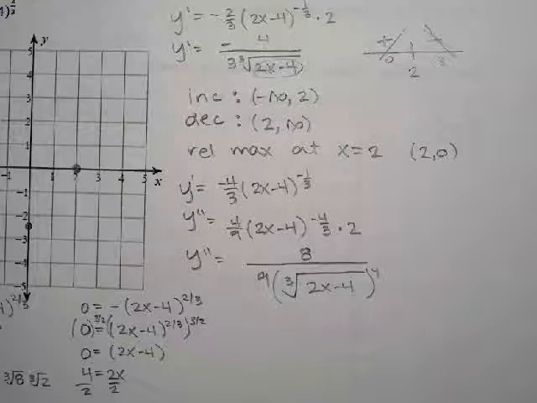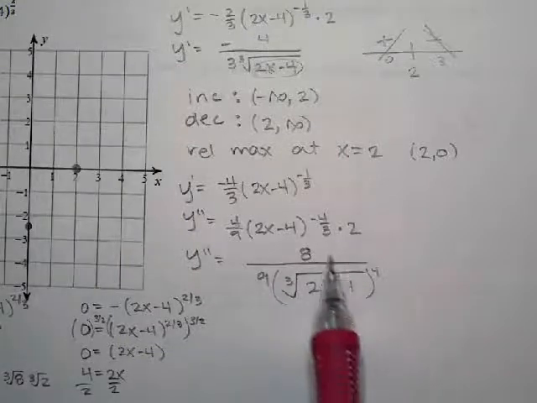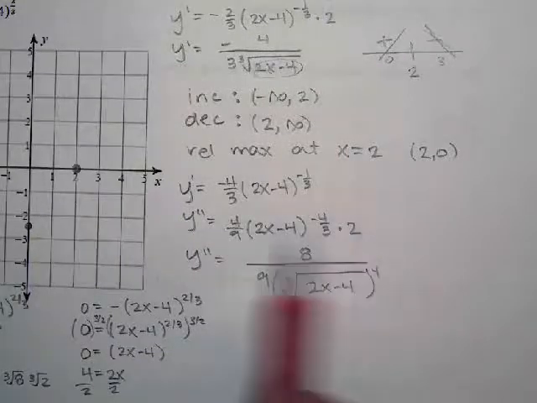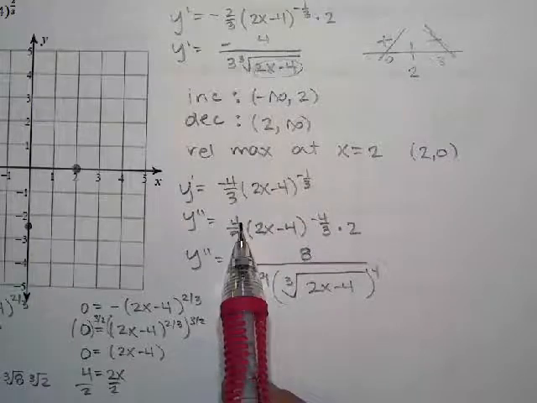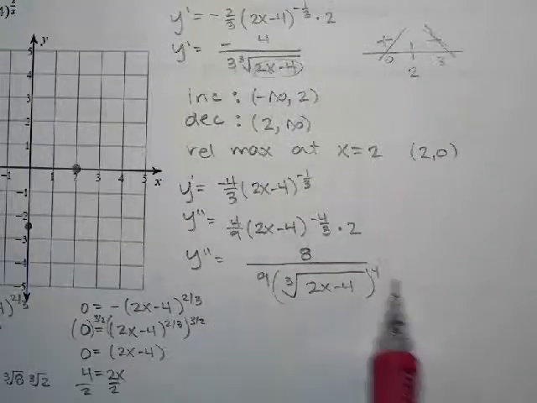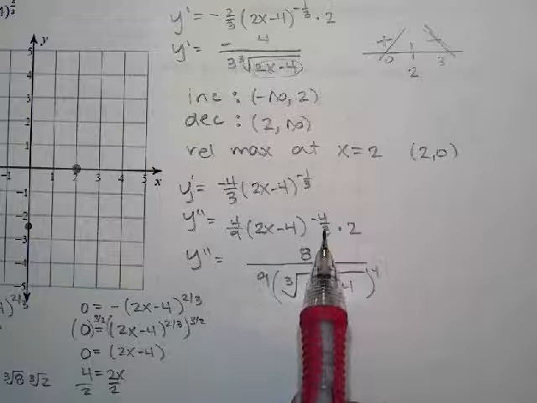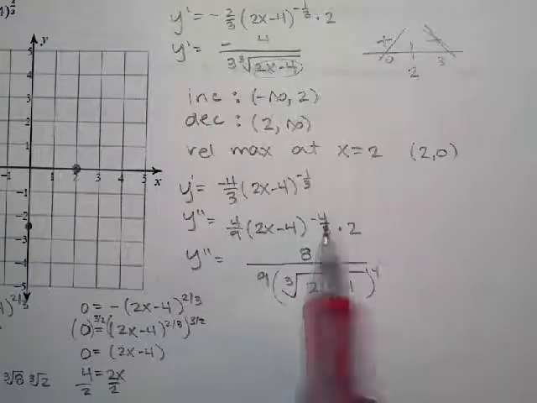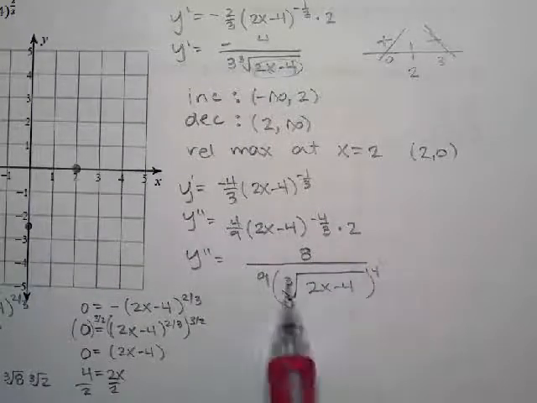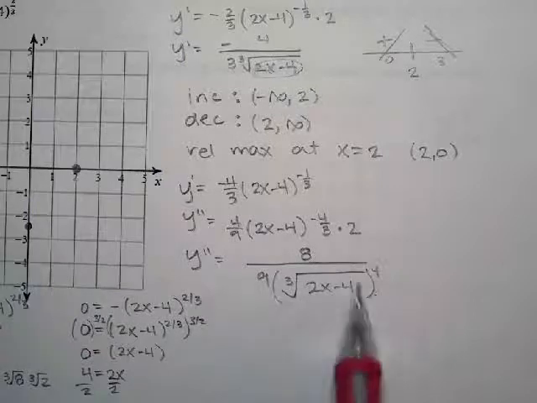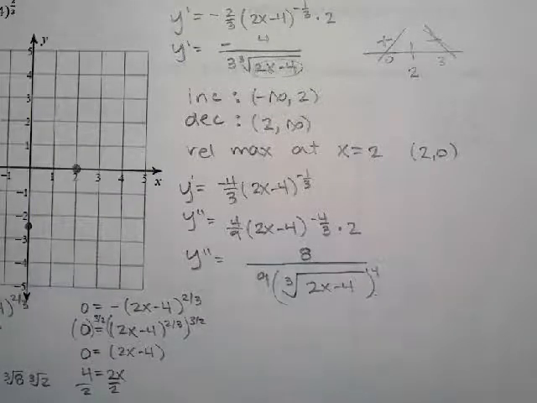So I did my outside 2 times my 4. I did my 9 on the bottom. Now your 3 still means a cube root. That 4 on the top can be the whole thing to the 4th, or it can be the inside to the 4th. It's however you choose to write it. It doesn't matter.